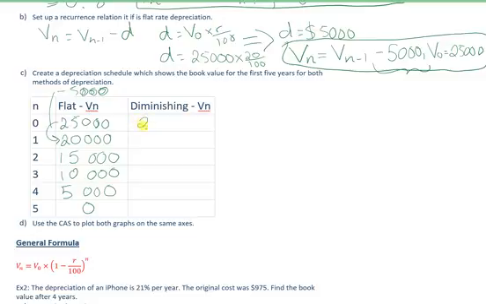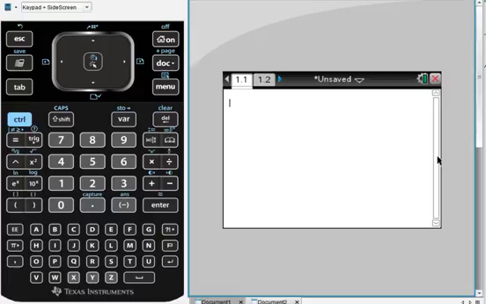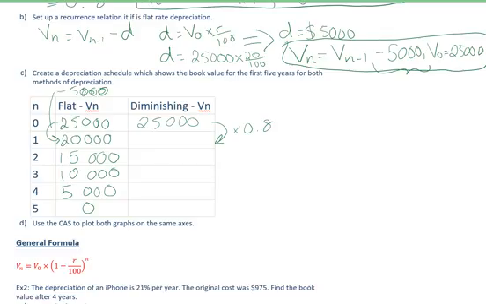It's a little bit different here. I'm not subtracting 5,000 each time, but I'm multiplying by 0.8. The first value will be the same: 25,000 times 0.8 is $20,000. That one is the same.